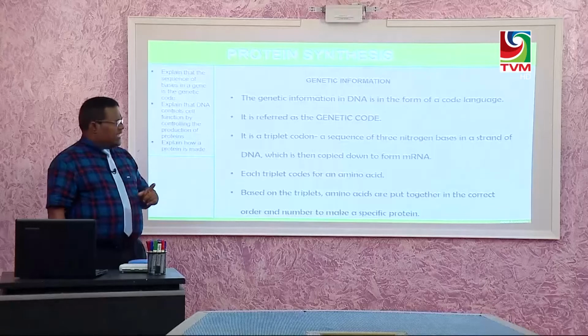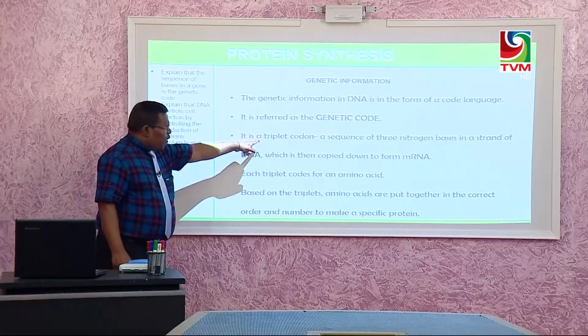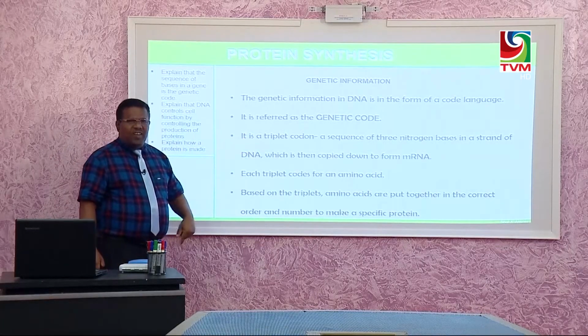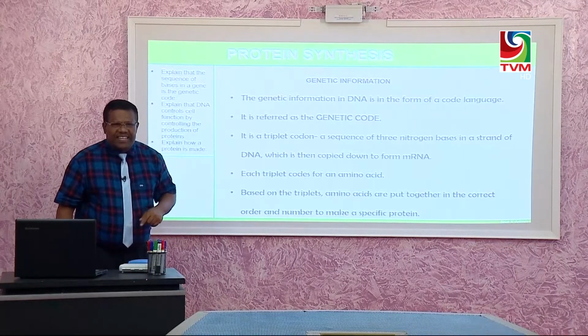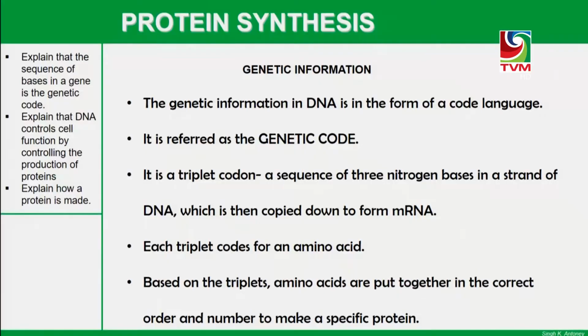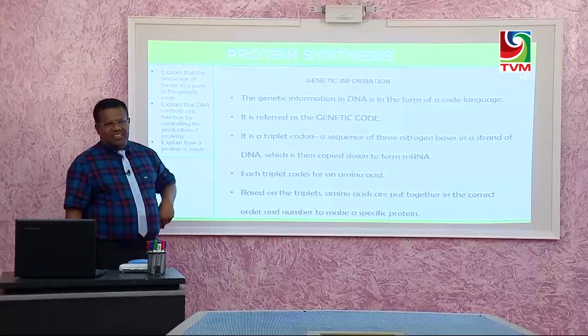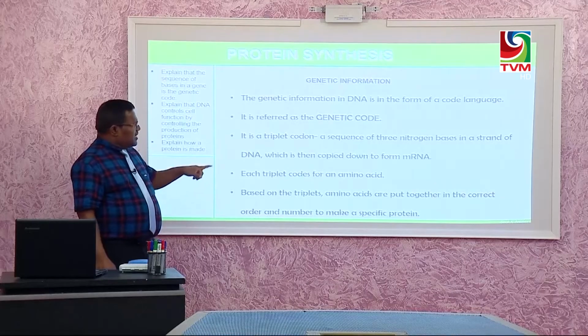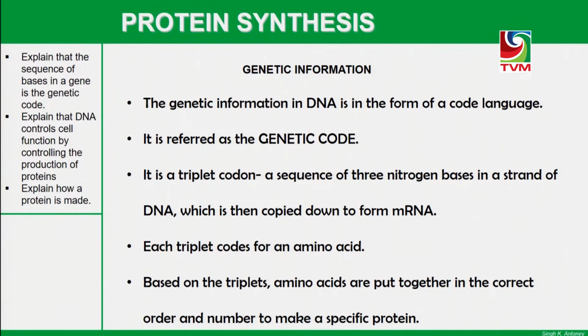So just remember that the genetic code is in the form of a triplet codon. And what is this triplet codon? It is a sequence of 3 nitrogen bases in the strand of DNA, and that is being copied down into the messenger RNA. So genetic information is being copied down. Always remember that the triplet codon forms the genetic code.